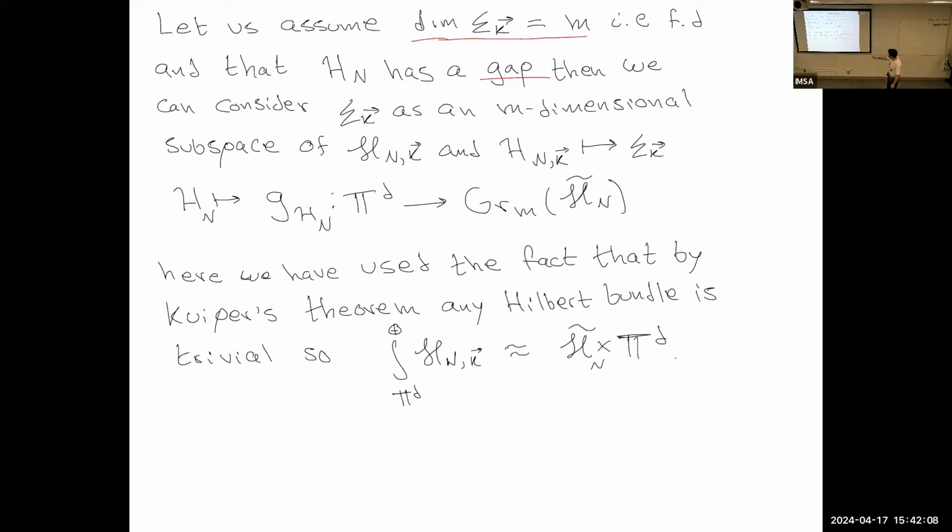Here, the Hilbert space in principle varies with K. So you could imagine that somehow I'm getting something different as I vary K. But it turns out you don't, because there's a theorem that tells you that every Hilbert bundle is trivial in the norm topology. Okay. Huh? From Dixmier-Douady duality. Okay.